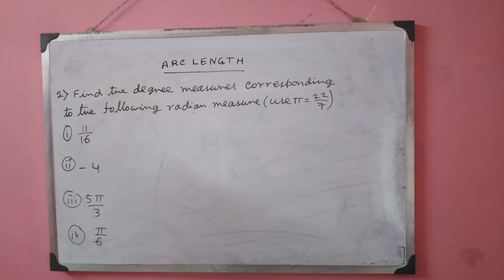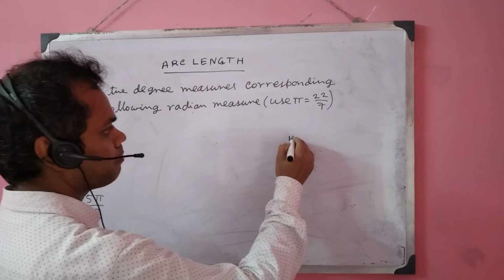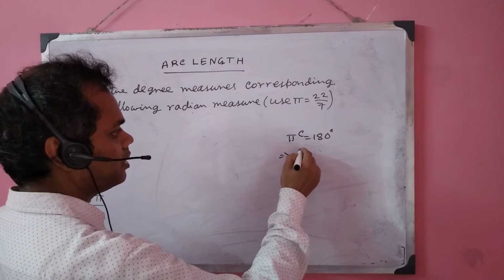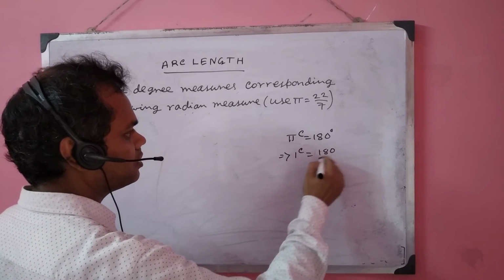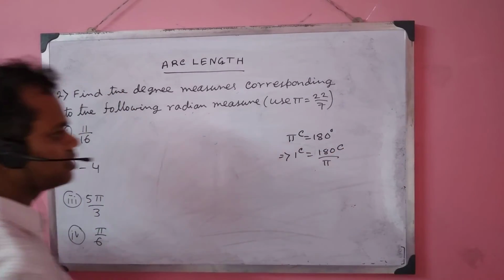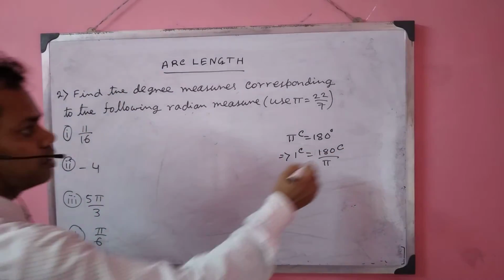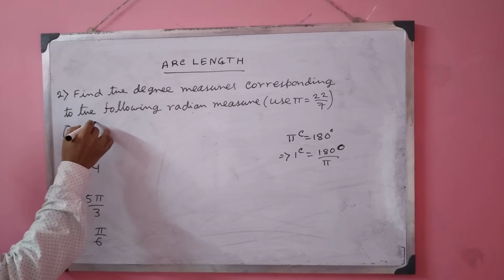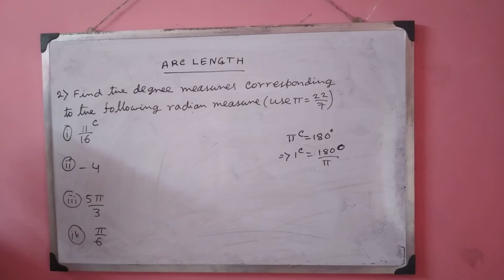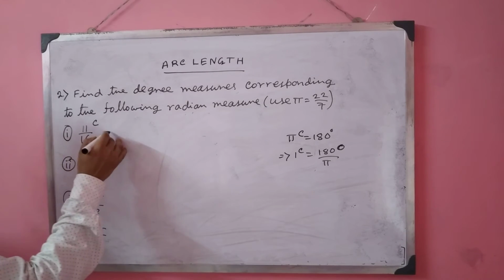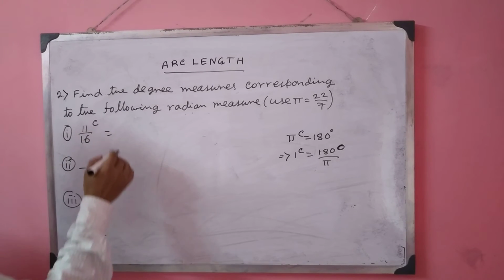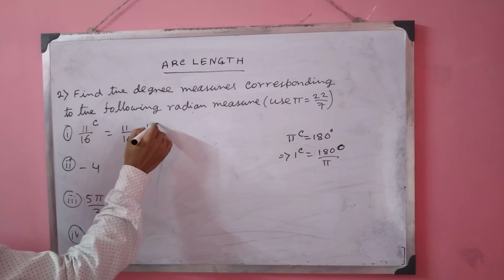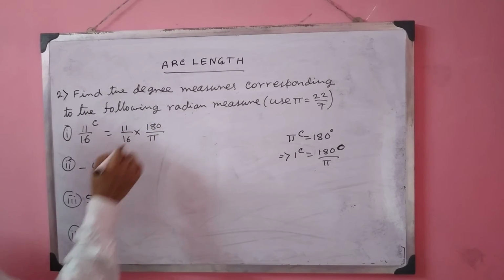Okay, now pi radian is equal to 180 degree. So 1 radian is equal to 180 by pi degree. So here 11/16 means 11/16 radian. So radian is converted to degree. So 11/16 into 180 by pi.